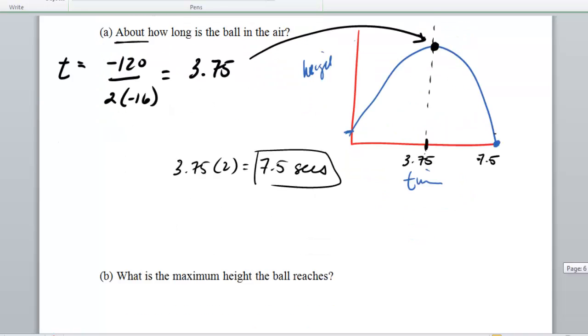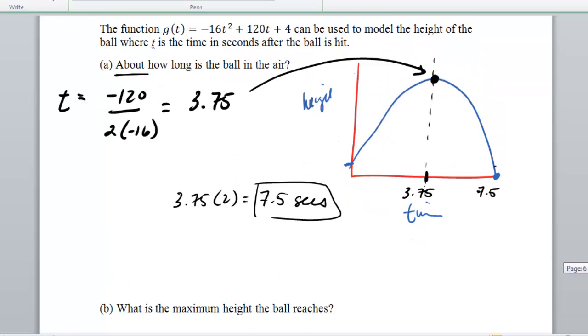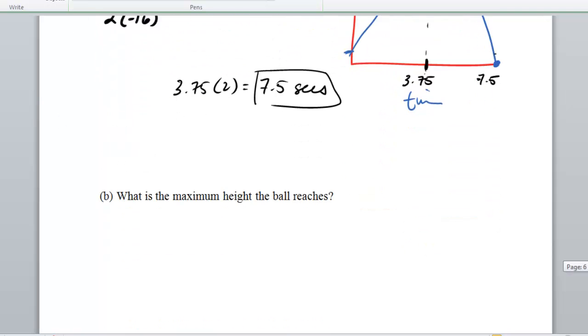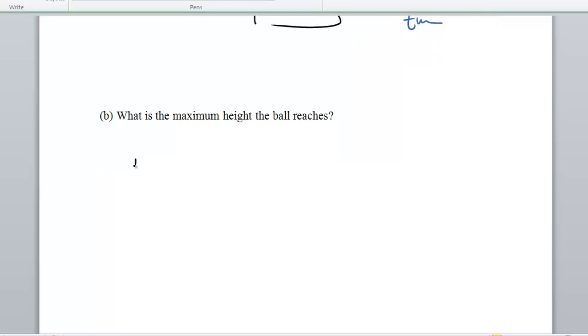Now, second part of this problem says what's the maximum height the ball reaches. So we want the output part here to see what that vertex is, and so we're going to take that 3.75 for the vertex, and we're going to evaluate this problem at 3.75.